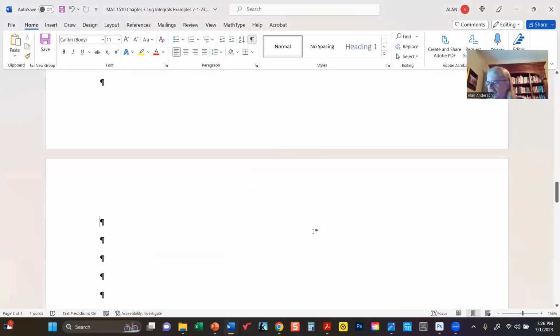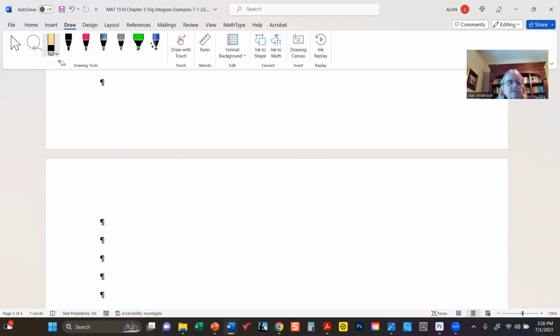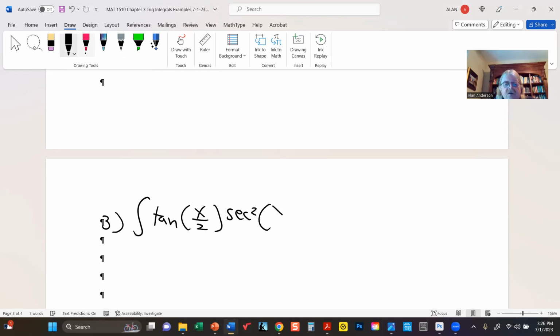So this next one involves tangents and secants. Okay, so let's see. We have the integral of the tangent of x over 2 times the secant squared of x over 2 dx, of course.